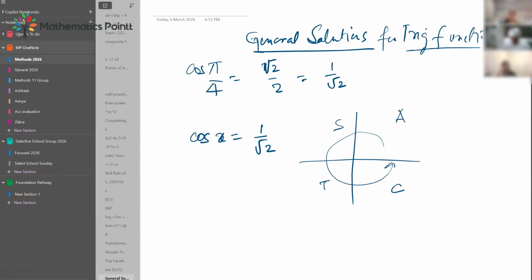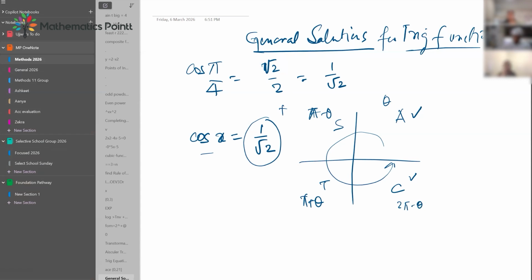Now, I need the cos value to be a positive value. That means I'm after the first quadrant and fourth quadrant values, right? In the world of anti-clockwise rotation, this is theta, this is pi minus theta, this is pi plus theta, and this is 2 pi minus theta.